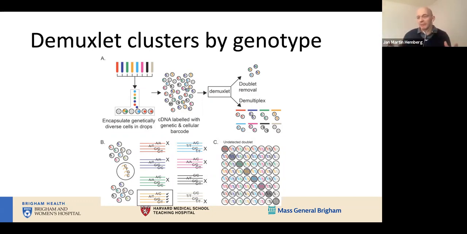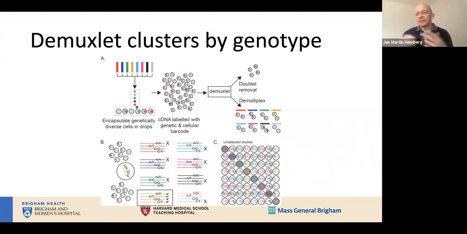Then we can use information about the different variants from SNPs in these cells to demultiplex the cells later, and so identify which donor each of the cells came from.